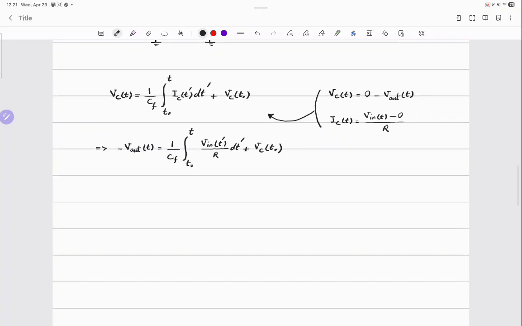So let's multiply both sides by a negative sign so we can single out Vout. And I'm going to take R out of the integral and put it at the denominator here.